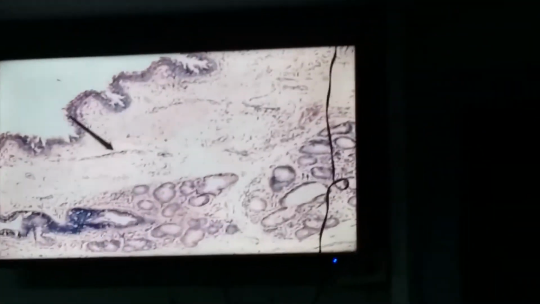Now, this one is slide number 77. So, we are now at cartilage. What are your clues for cartilage? We have this trachealis muscle, your tracheal glands, your lining epithelium, and this one. This one is your tracheal cartilage.